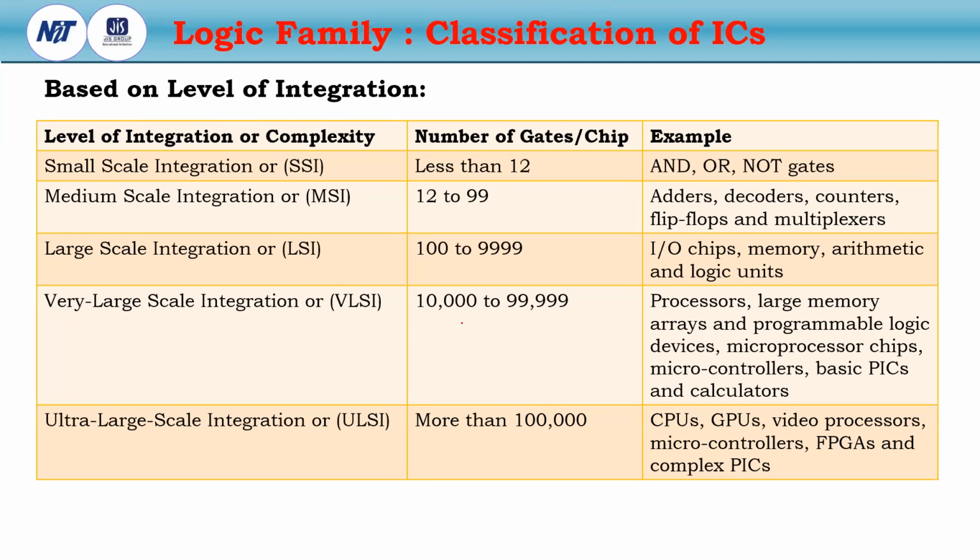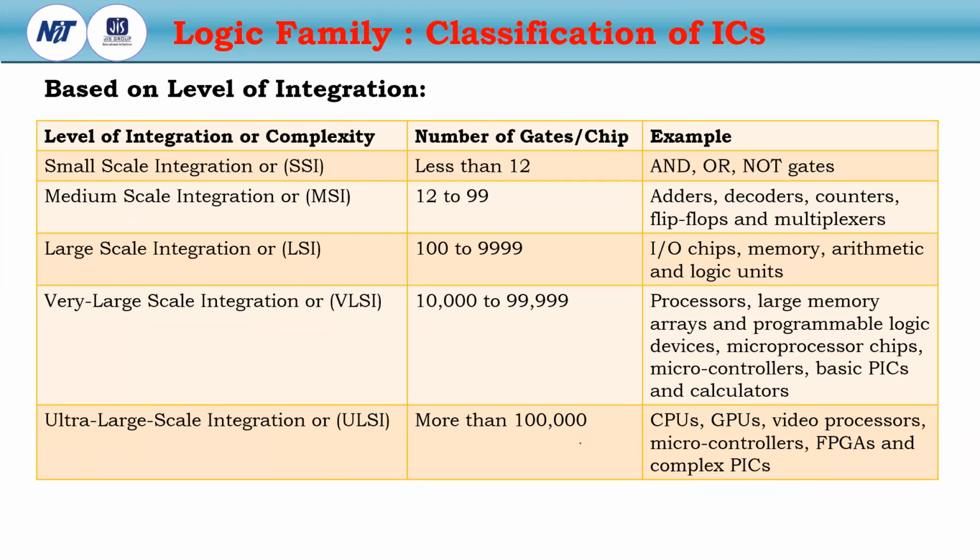Very large scale integration has 10,000 to 99,000 gates in a single chip. That is called processors: large memory arrays, programmable logic devices, microprocessor chips, microcontrollers, basic PICs, and calculators.